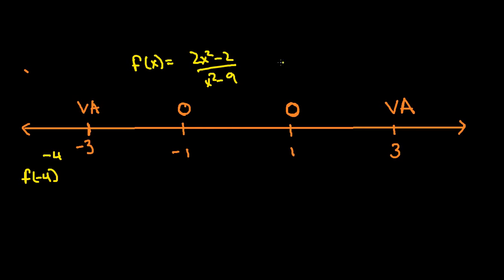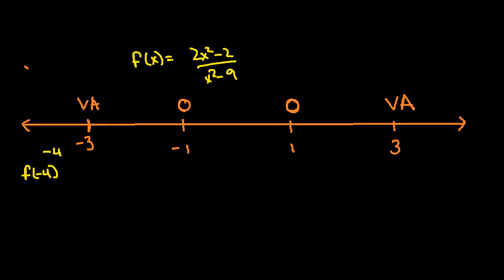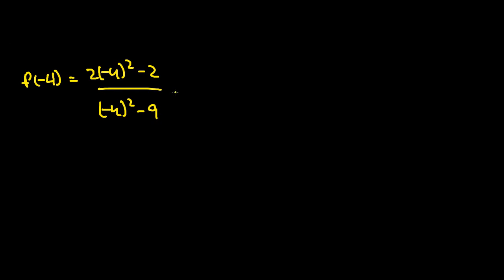So f of minus 4, should I write it all out? Yeah, why not? Let me scroll down. So f of minus 4 is going to be 2 times minus 4 squared minus 2, over minus 4 squared minus 9.